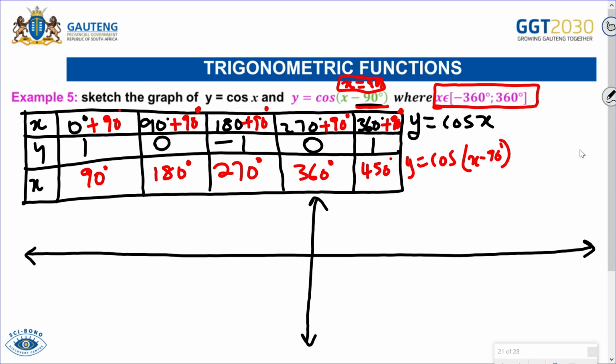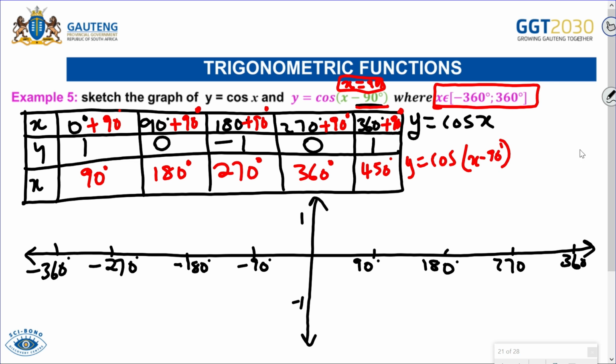So I have 90, 180, 270, 360 degrees. Don't forget to put the degrees, positive 1 and negative 1. I have negative 90 degrees. I have negative 180, negative 270, and negative 360 degrees.